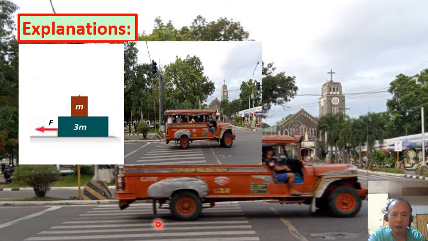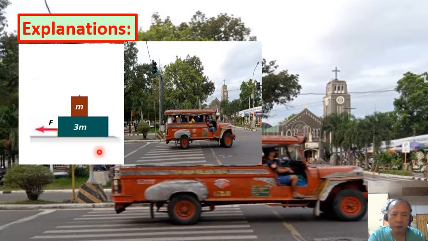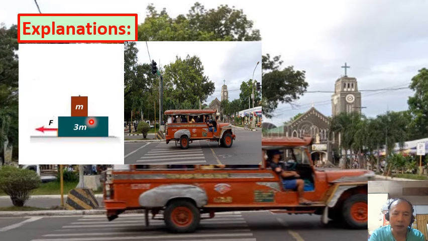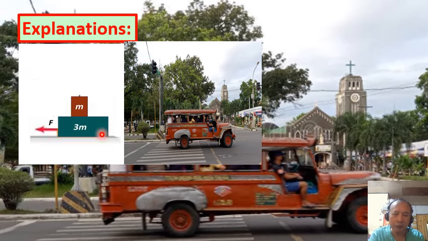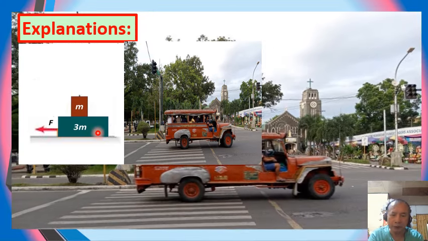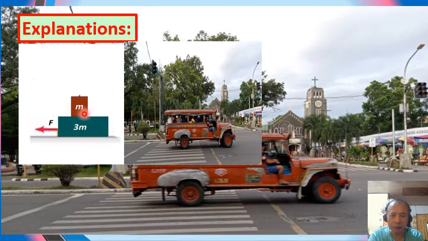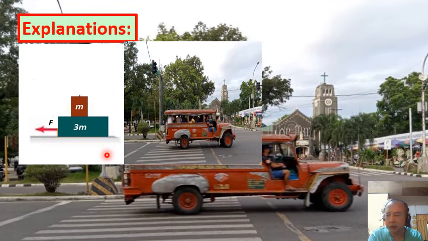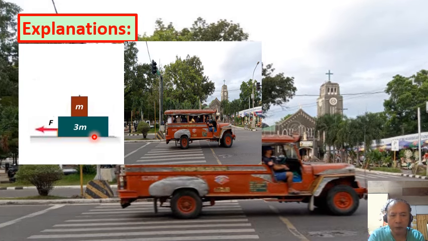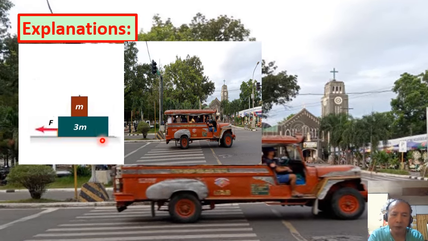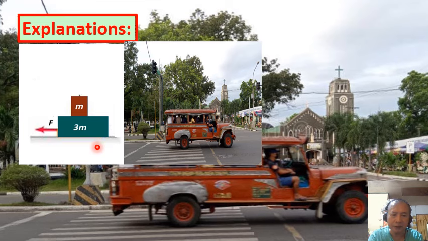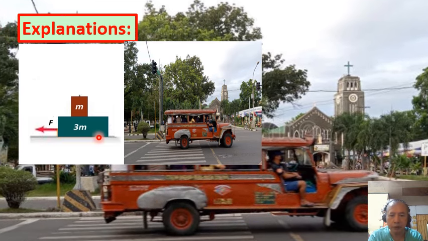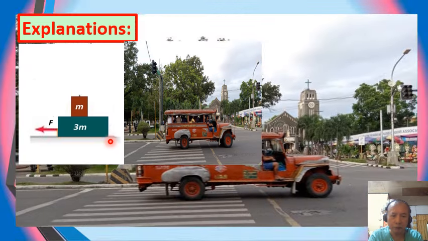We emphasize that the smaller box is at rest with respect to the larger box, right? Because the surface between the larger box and the horizontal surface is smooth, there is no friction.